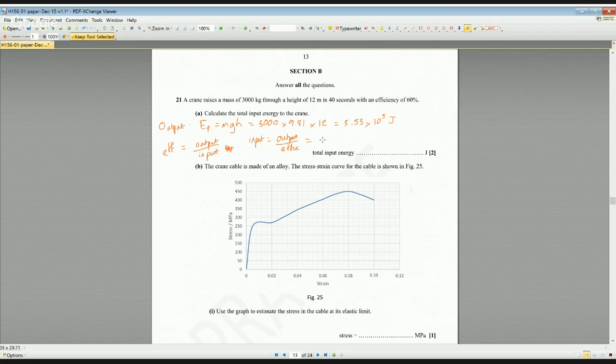So that would be 3.53 times 10 to the 5 divided by the efficiency, which is 0.6, 60%, and that gives 5.89 times 10 to the power of 5. Now, remember to put answers through a sanity check: you should expect a bigger input than output. Obviously, you can't put in less energy than you get out, but you can put in more energy than you get out because there's inefficiencies in the crane. So that seems like a sensible answer.